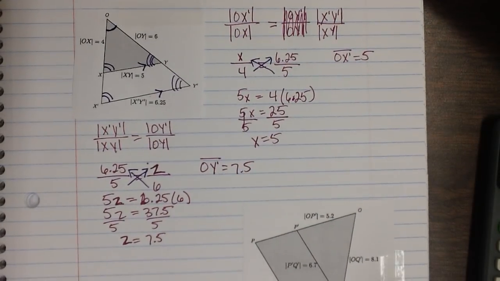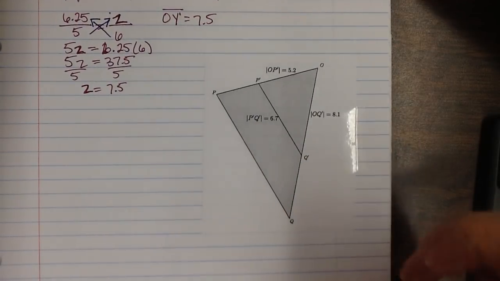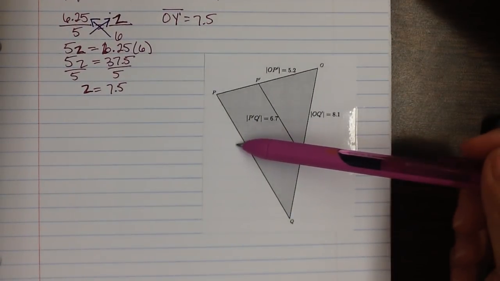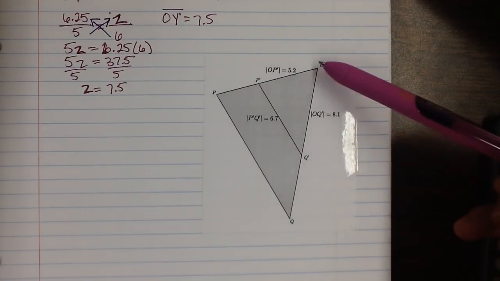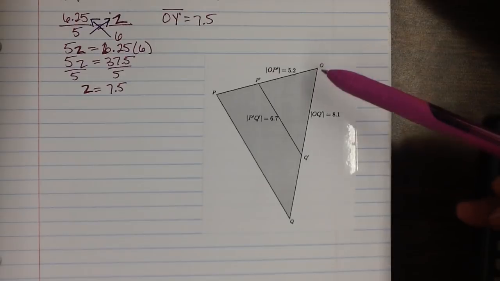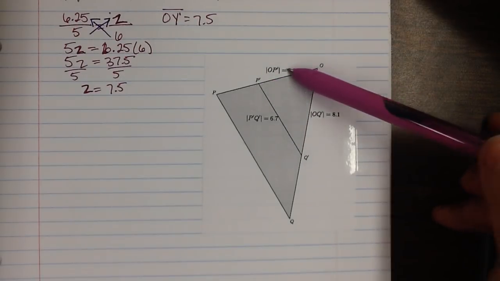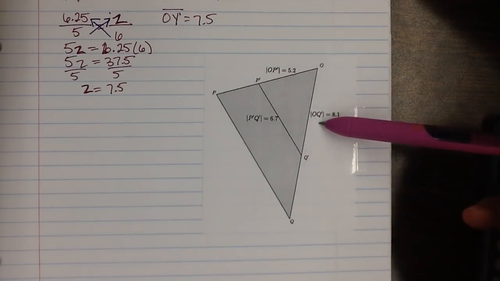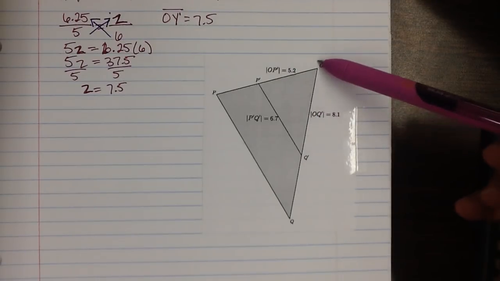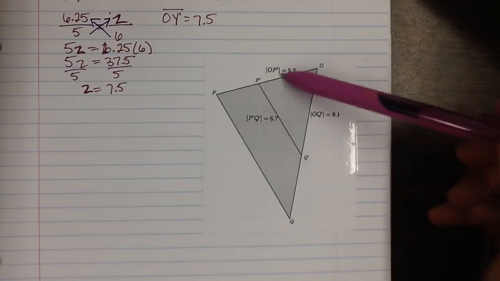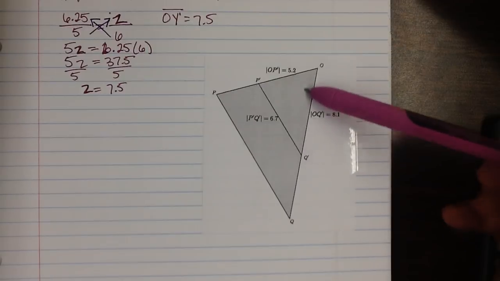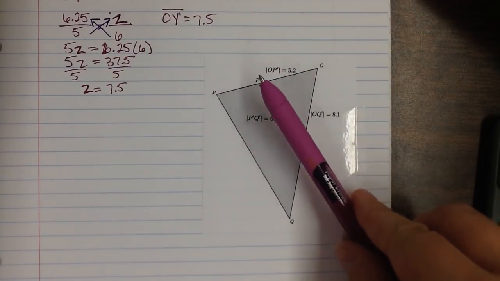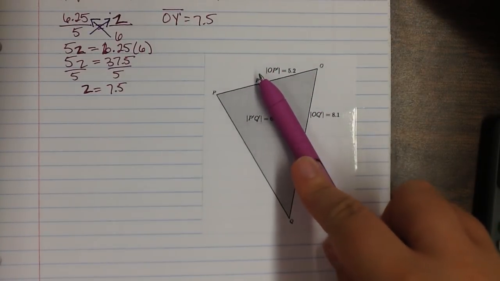Example 5. Given the information provided, can you determine if triangle OPQ is similar to OP'Q'? So this gives us two sides of the dilated triangle. It doesn't tell us anything about angles, and it only gives us one side down here.